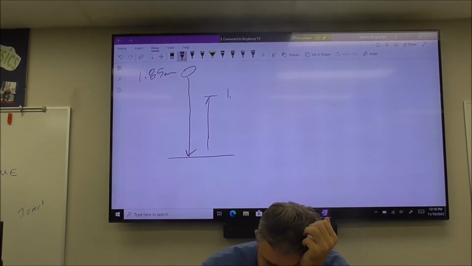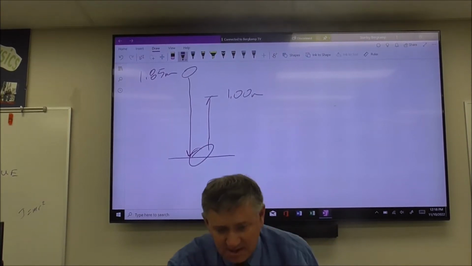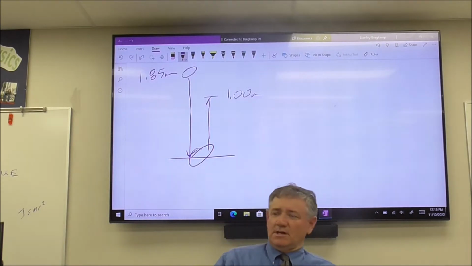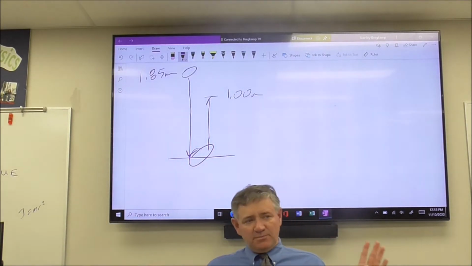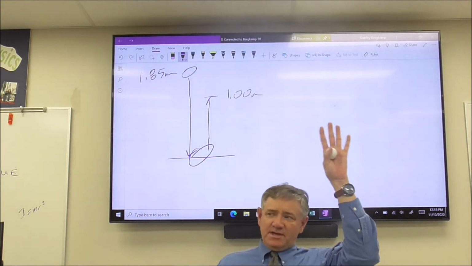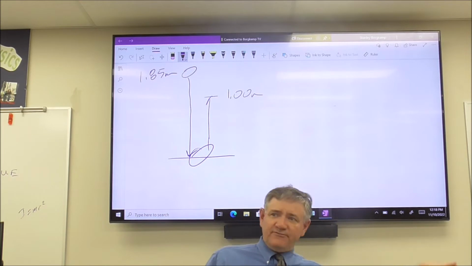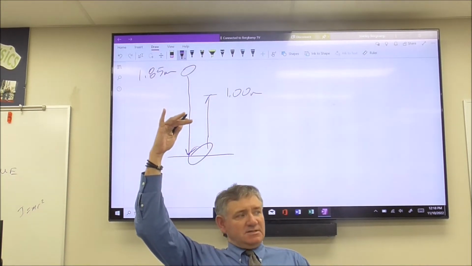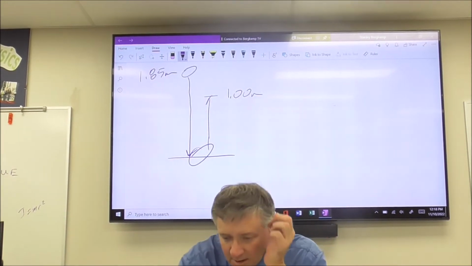It's going to bounce up to a height of 1 meter, and I give you the time that it's in contact with the ground. Before we start a single calculation, let's make sure everybody's cool with the parameters. Anything going down is negative, whether that's velocity, acceleration, force, displacement. Anything going up is going to be positive. Same thing, acceleration, whatever.